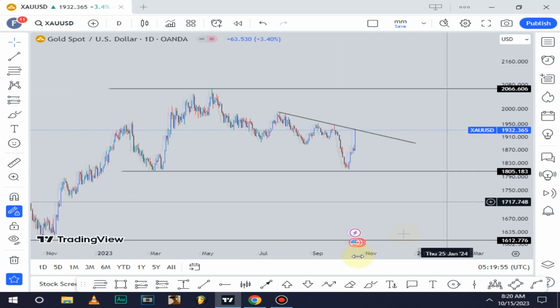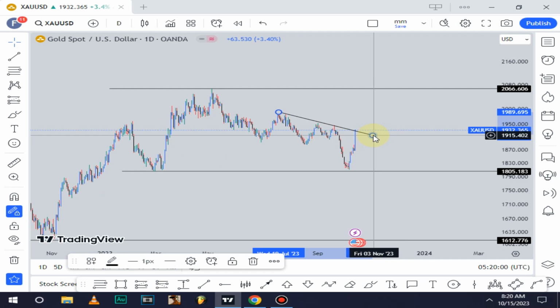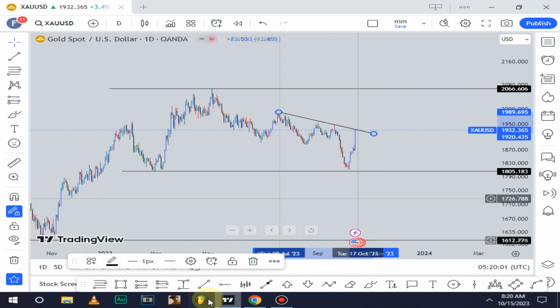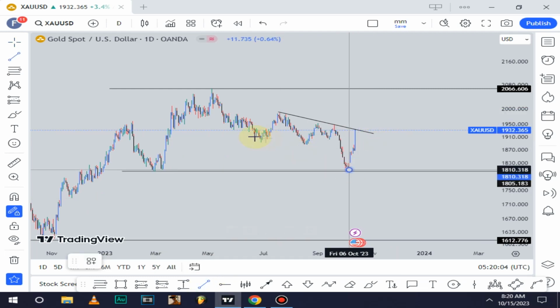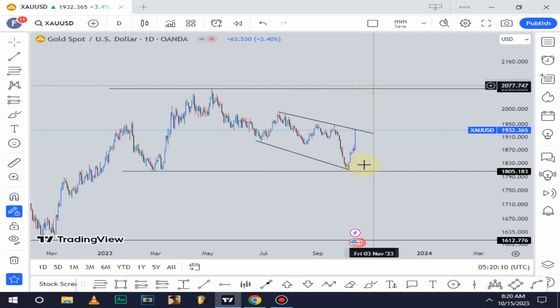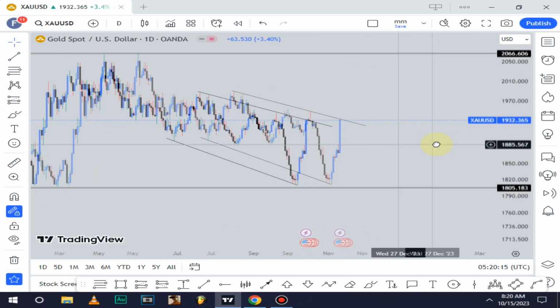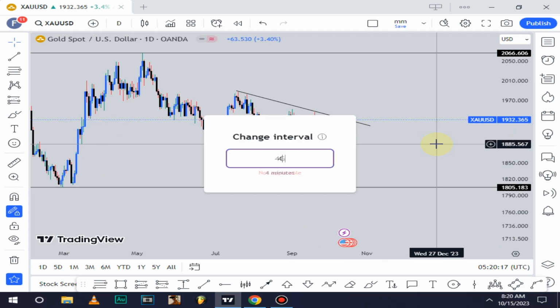Okay, and let's make everything more neat. Then hit the support 1, 2, just like that. Okay, that is what's happening though. Okay, and let's go back to the H4.